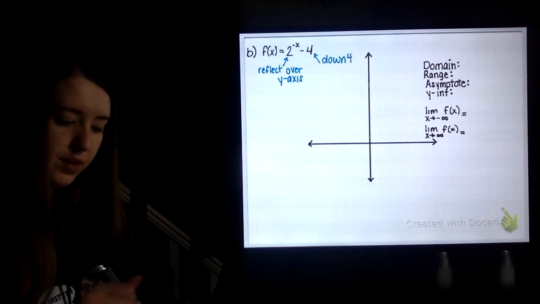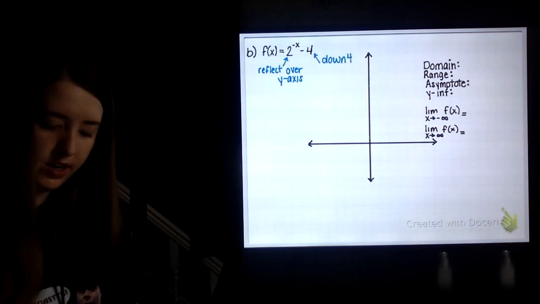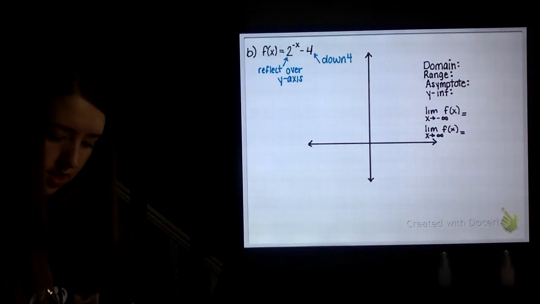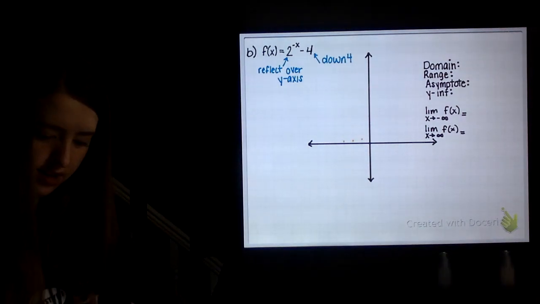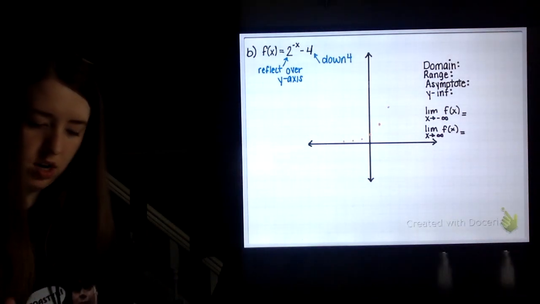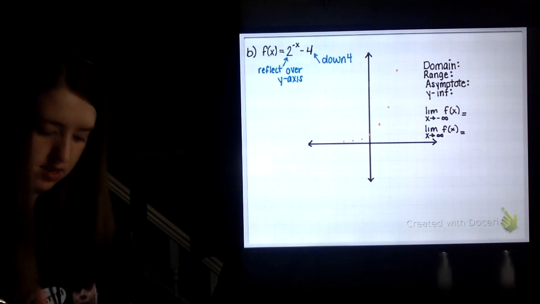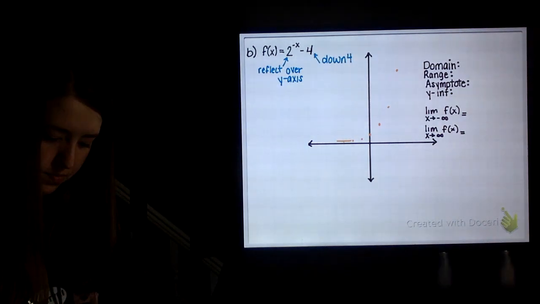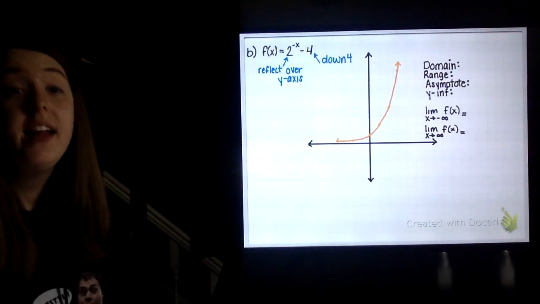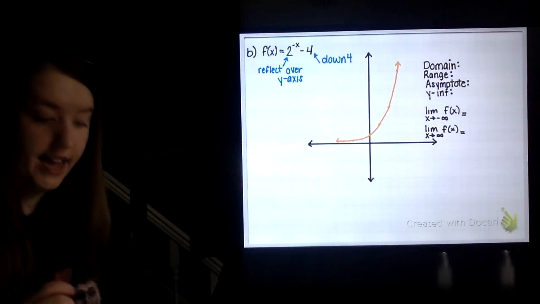So let's think of that original function that we had earlier. We'll graph him out real quick. 1/8, 1/4, 1, 2, 4, 8. Okay, so now we're reflecting this over the y-axis.